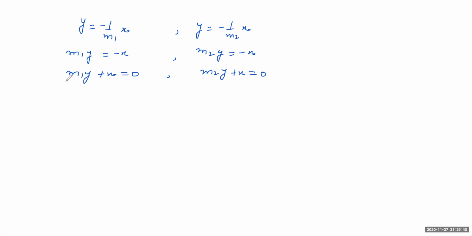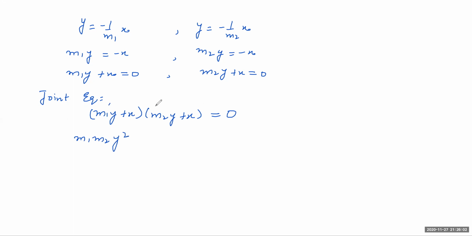We need their joint equation. So, for the joint equation, just take their product. The joint equation becomes m1y plus x multiplied by m2y plus x equals to 0. Just take the product. You will get m1 m2 into y square, then m1 xy, then m2 xy, and then x square equals to 0.